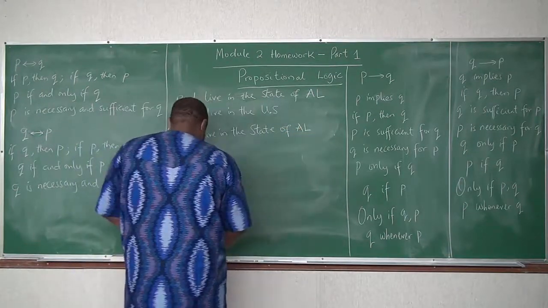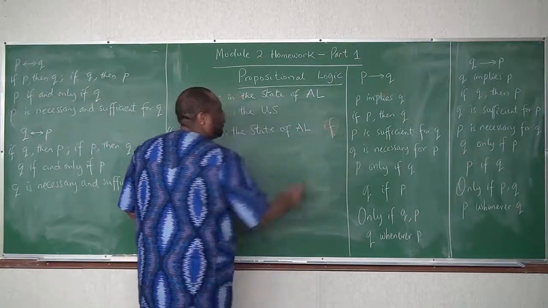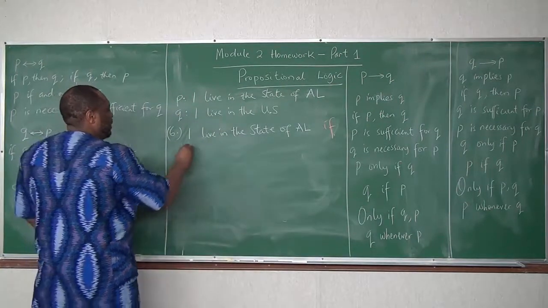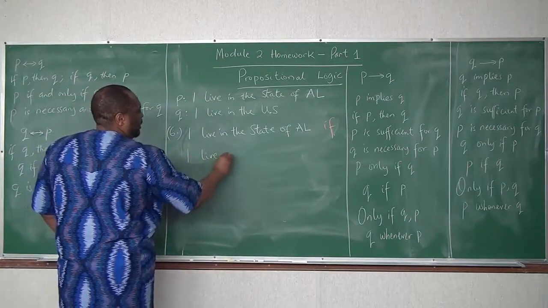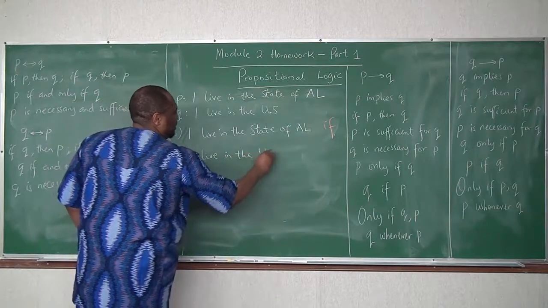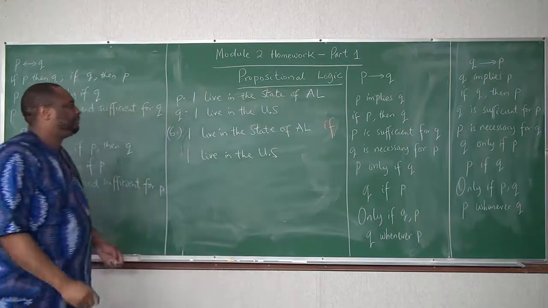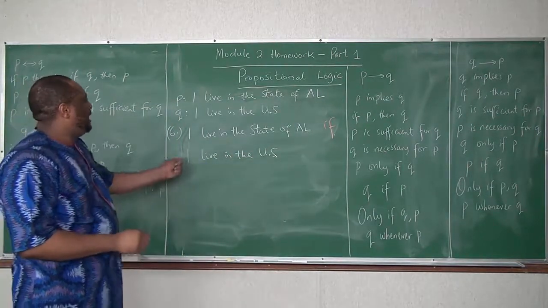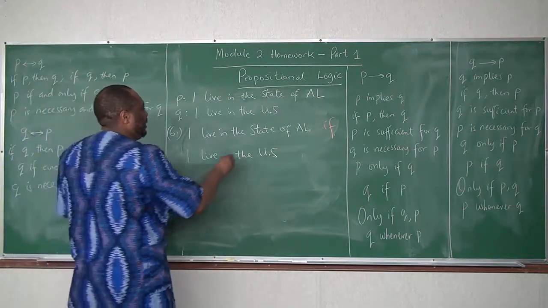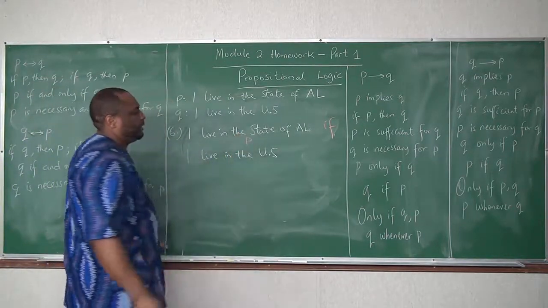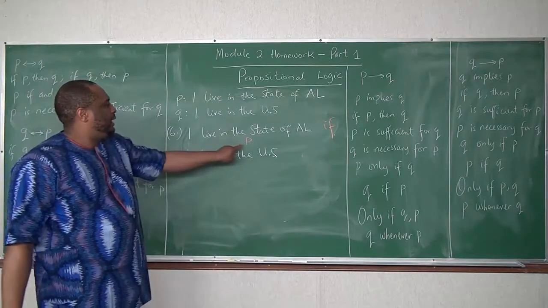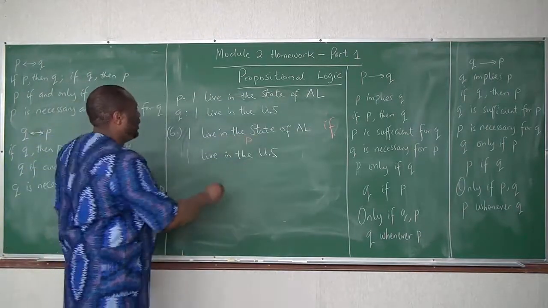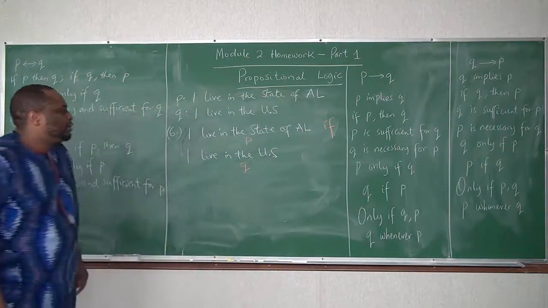Now, I'll use if, let me use this color. If I live in the US. So look here, I live in the state of Alabama is P. You see, this is P.